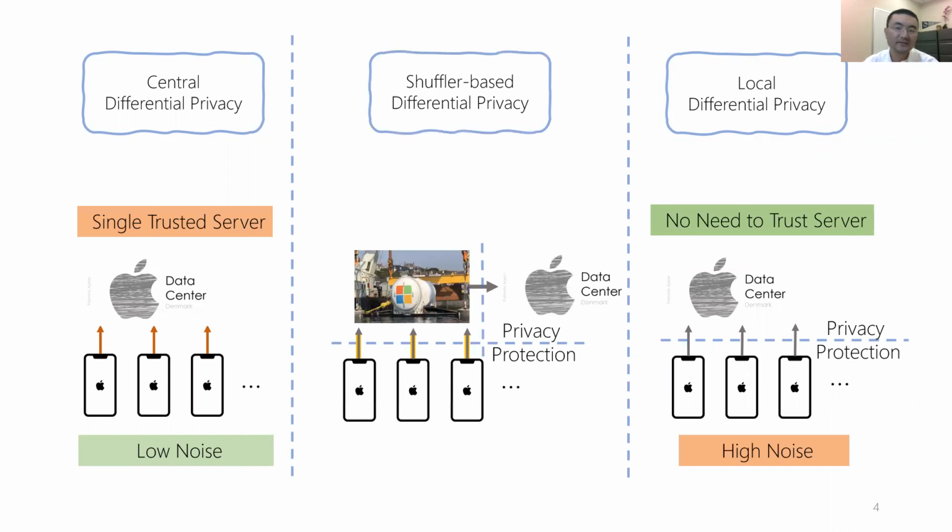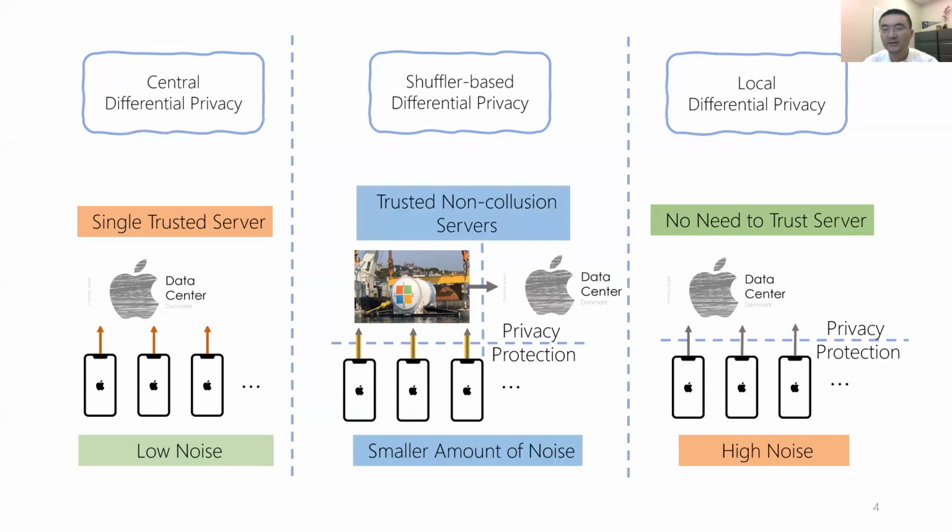And more recently, there is another model between the central differential privacy and local differential privacy, which utilizes two parties. I will describe how this works later, but the desired goal of this model is to achieve a middle ground between differential privacy and local differential privacy. Namely, users only need to trust that the two parties won't collude.